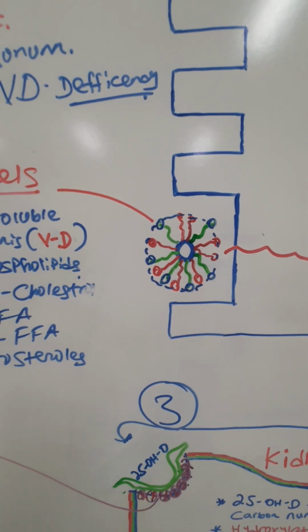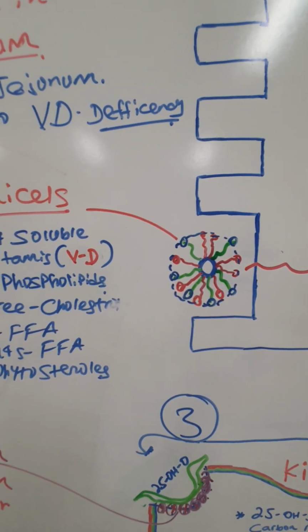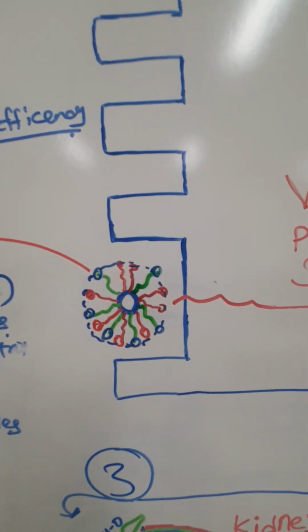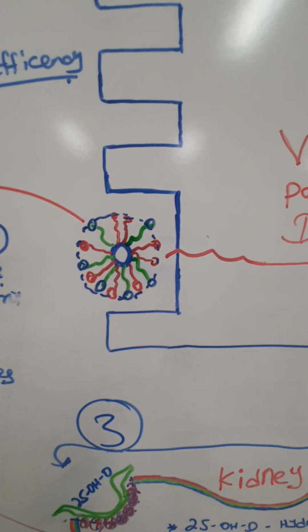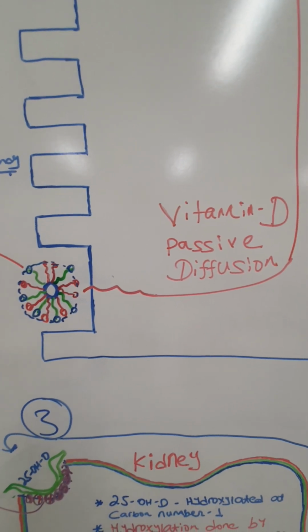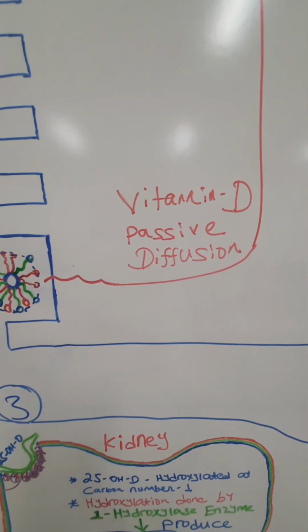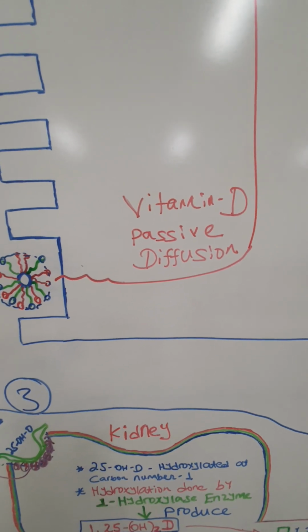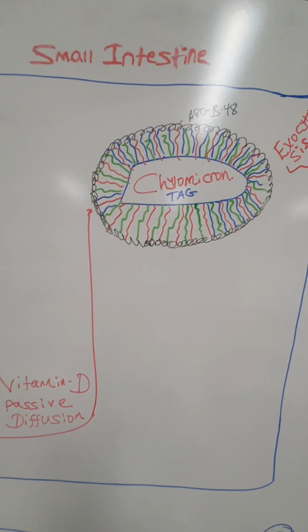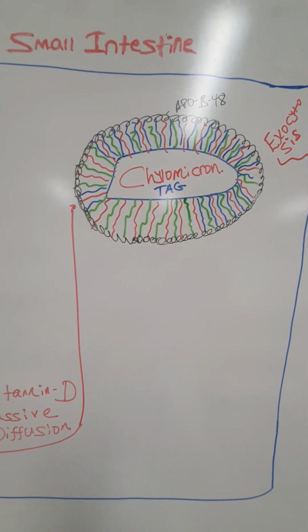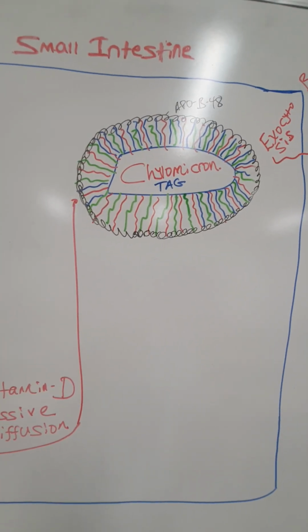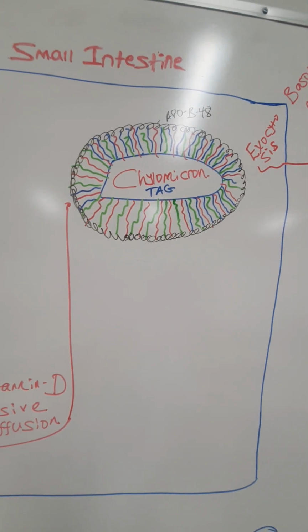The purpose of the micelle is to translocate this group of molecules to the enterocytes' apical border, or the brush border. At the brush border, vitamin D will get into the enterocyte through passive diffusion. After getting into the enterocytes, there is a process called making chylomicron. Chylomicron is formed by different lipid materials such as phospholipid and triacylglycerol.